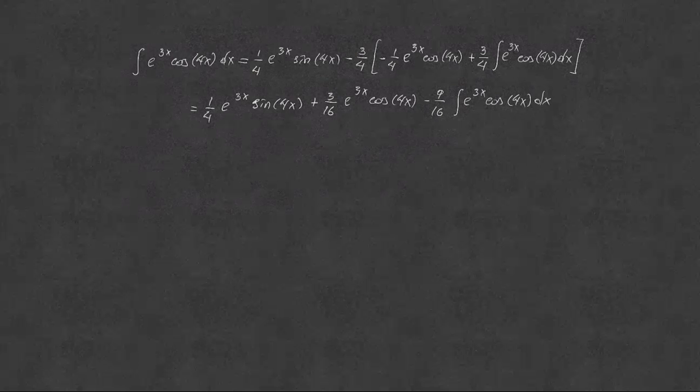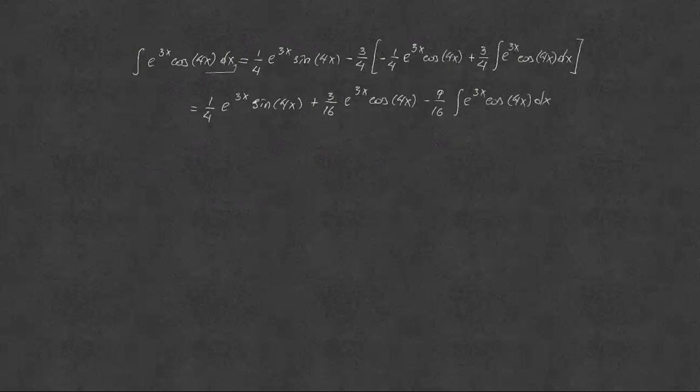Now we have the equation, where the left-hand side is this original integral. Then the right-hand side is two terms here minus the same integral that we have at the beginning. So let me underline this.